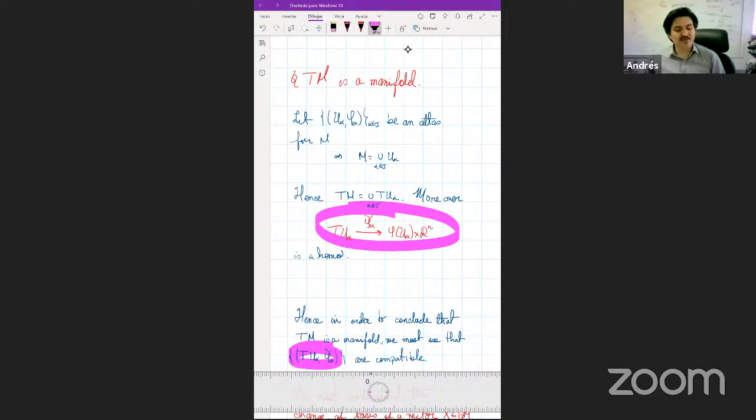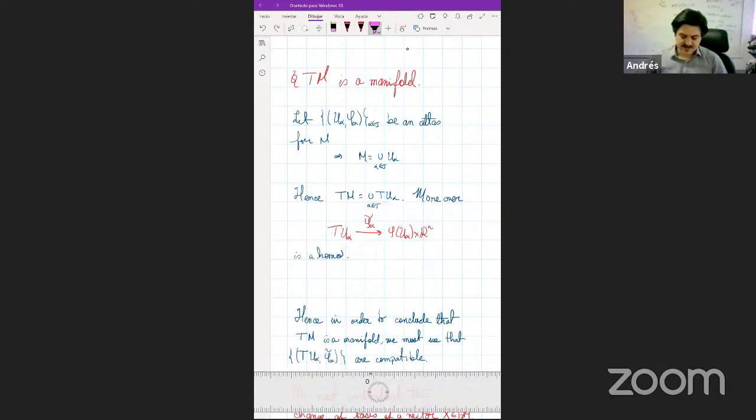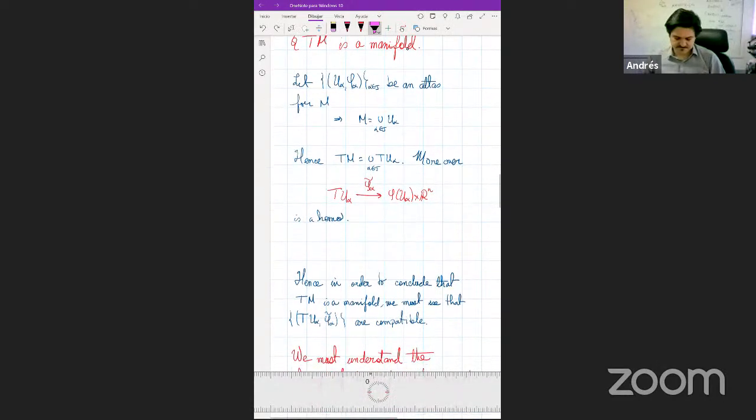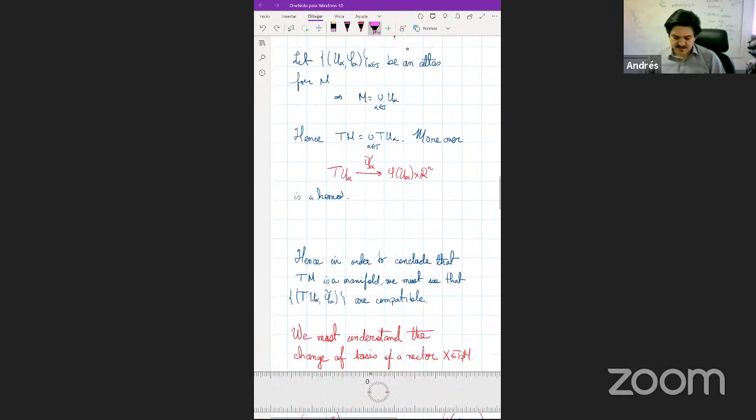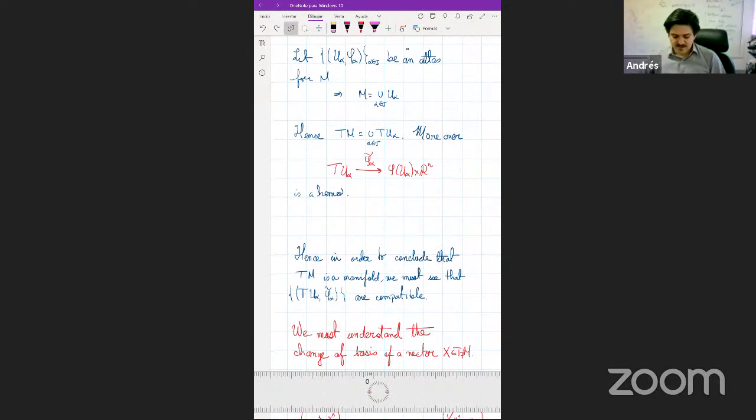I have a cover of TM by those open sets, and I would like to show that these charts are compatible. So in order to do that, let's only focus on M in the meantime, and then we will go to TM.